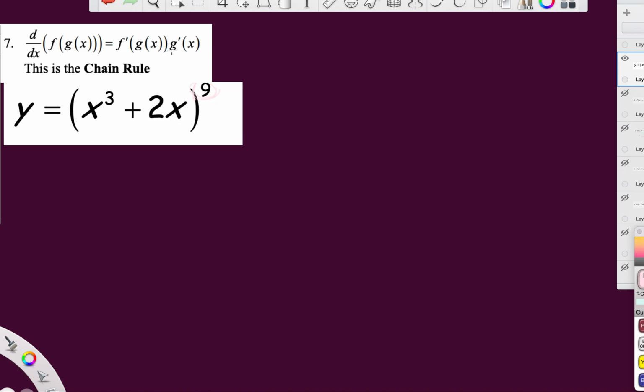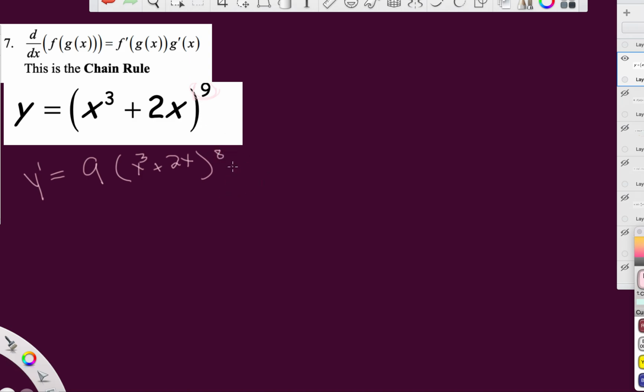And then we're going to multiply that by the derivative of the inside. So here we go. y prime is equal to, throw this to the front, 9 times x cubed plus 2x to the 9 minus 1, which is 8.